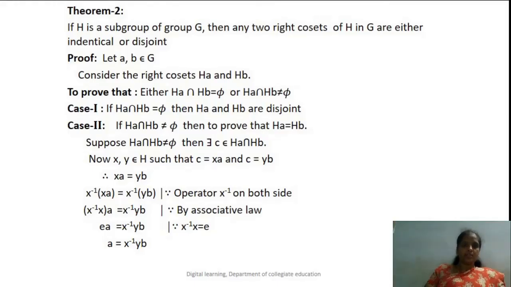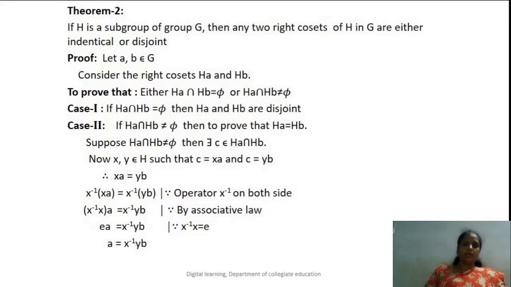Next, case 2: taking HA intersection HB not equal to phi, we have to prove HA is equal to HB. Suppose HA intersection HB is not equal to phi, then there exists C belonging to HA intersection HB.